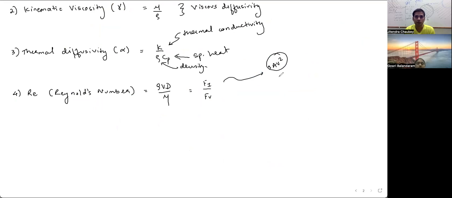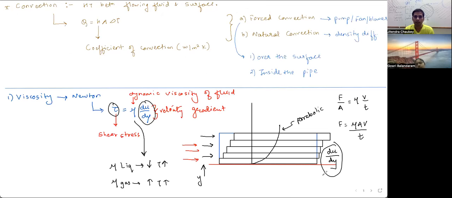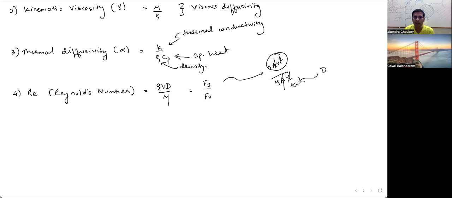Then if we take a ratio of rho A V square by mu A V by T, AA would get cancelled out, V would get cancelled out, and this T can be written as diameter for pipe, because over here T was thickness of the layer, and if fluid is flowing inside a pipe, this T would be replaced by diameter. So if you simplify this, it would look like rho V D by mu.